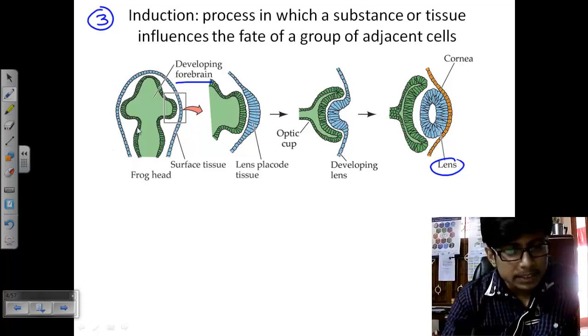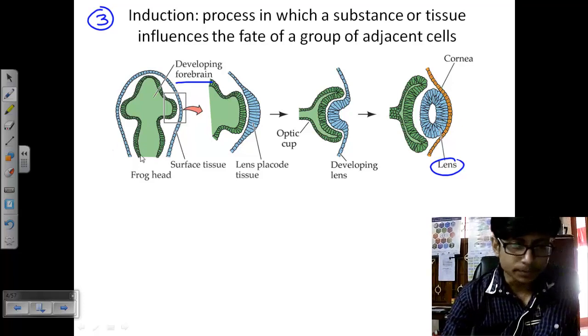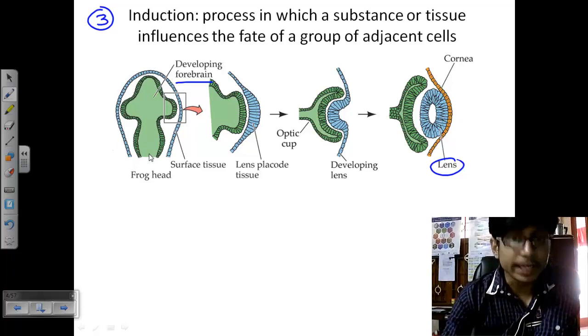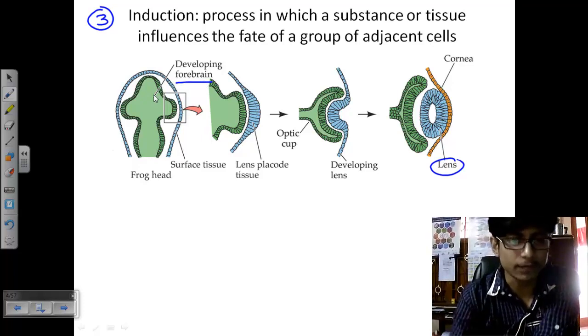So see, this is what we call a frog head. And this frog head has a particular section called the developing forebrain. This is the region which will develop into the forebrain of that frog.